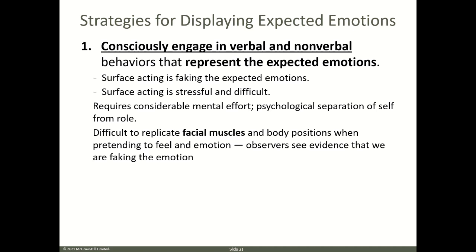Those people who don't have enough experience, or are not able to change their feeling internally and also show externally the same thing, have some difficulty. So it is difficult to replicate the facial muscles and body postures when pretending to feel emotions. Observers see evidence that we are faking the emotions.